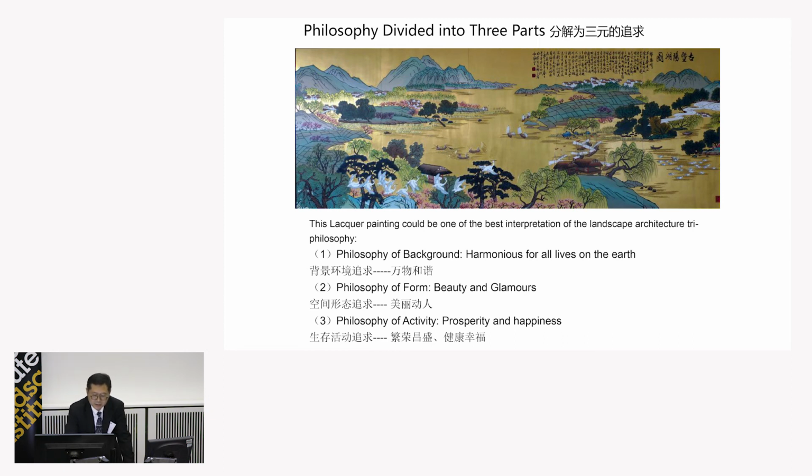The first is the philosophy of background, for harmony of all living things on the earth. The second is the philosophy of form, for beauty and glamour. And the third is the philosophy of activity, for prosperity and harmony. Thank you.